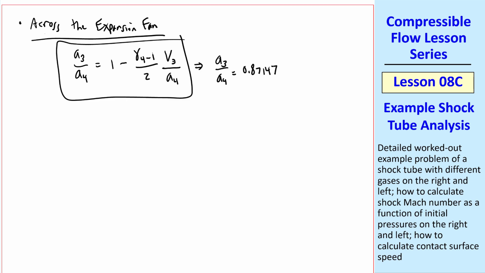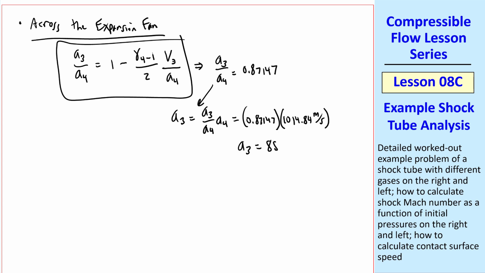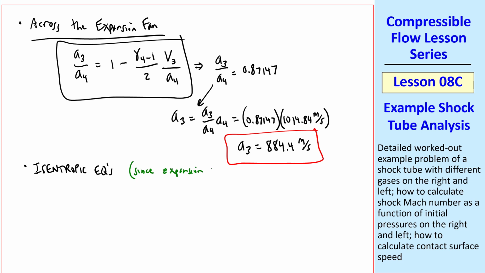I get 0.87147, from which a3 is a3 over a4 times a4, and we had calculated a4 earlier, so a3 is 884.4 meters per second. Now let's use isentropic equations, since as we've stated previously, the expansion fan is approximated as isentropic.